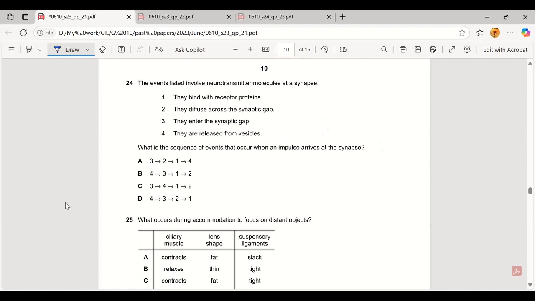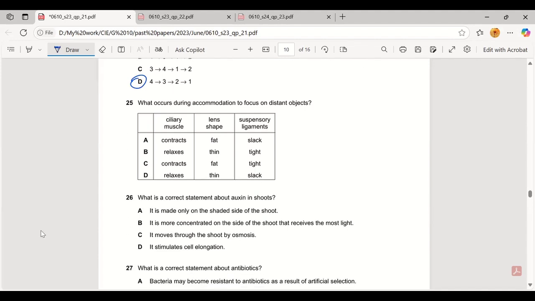Again, arrange. What is the sequence of events that occur when an impulse arrives at the synapse, Sajim? D. Yes.